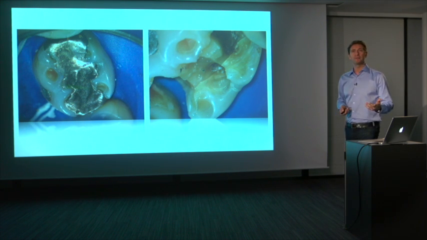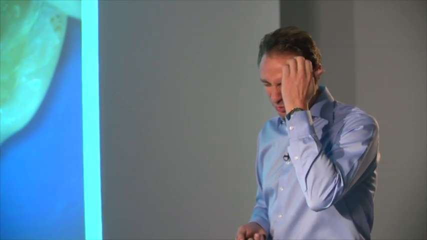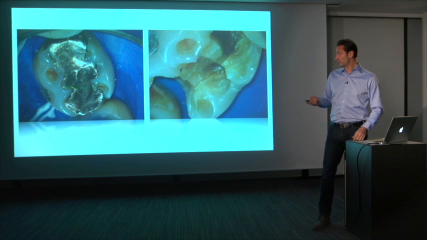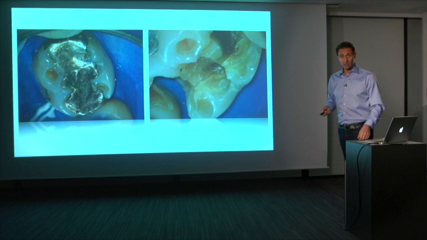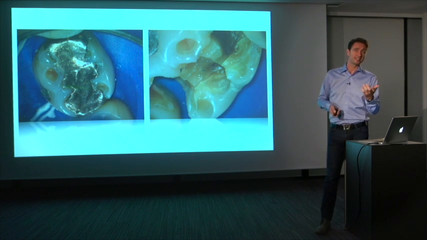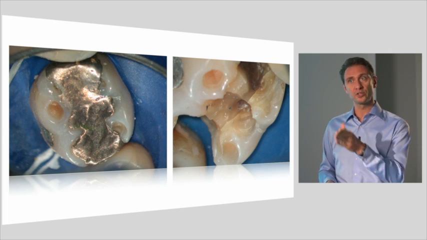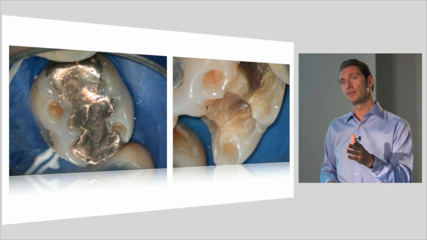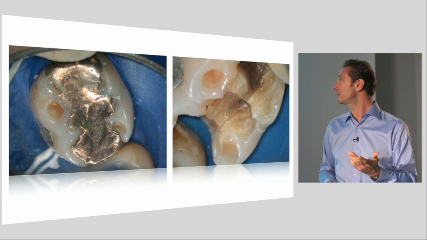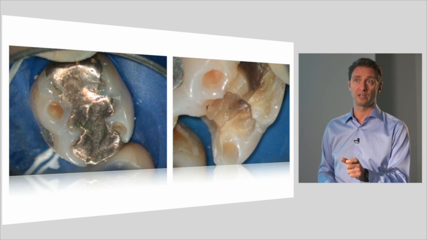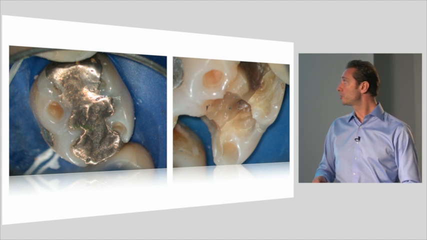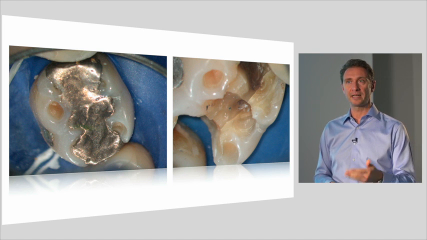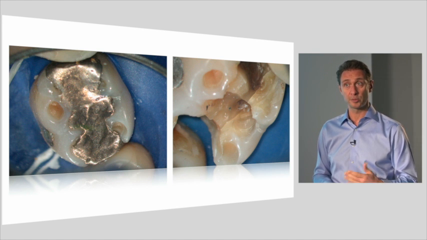It should never have been restored like this in this cavity design, because what happens is fracture along the complete wall because of a combination of two things: the sharp angles inside of the cavity, and the very thin walls which are left, fatigue, and then we get fracture. So this could be prevented if we would respect some general guidelines about cusp coverage.